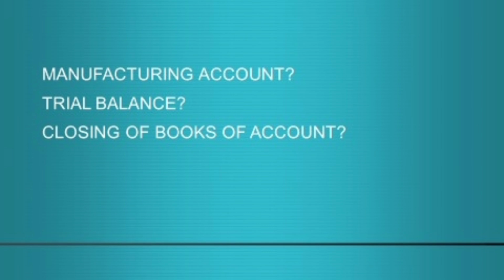And at last, closing entries. After all adjustments are duly accounted, the individual expense accounts are closed by debiting them to trading or profit and loss account. Similarly, all income accounts are closed by crediting them to trading and profit and loss account. Such entries are known as closing entries.